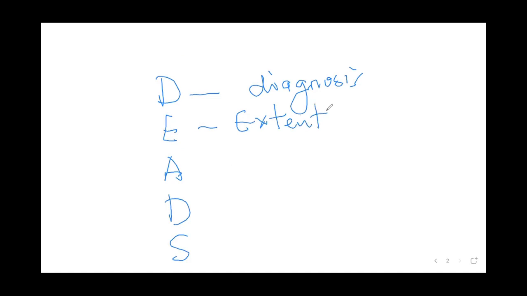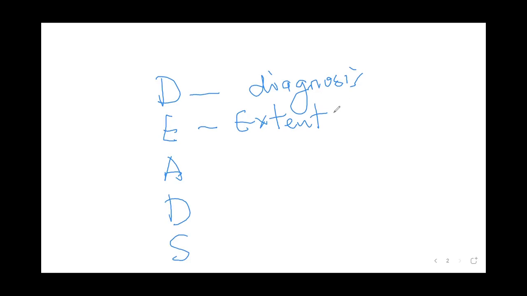This is systemic review. So we said your history of presenting complaint should be able to give you a diagnosis. It should tell you the extent. Now, when we talk about extent, we mean complication. And you should know complications, especially in malignant conditions, are classified basically into 3.